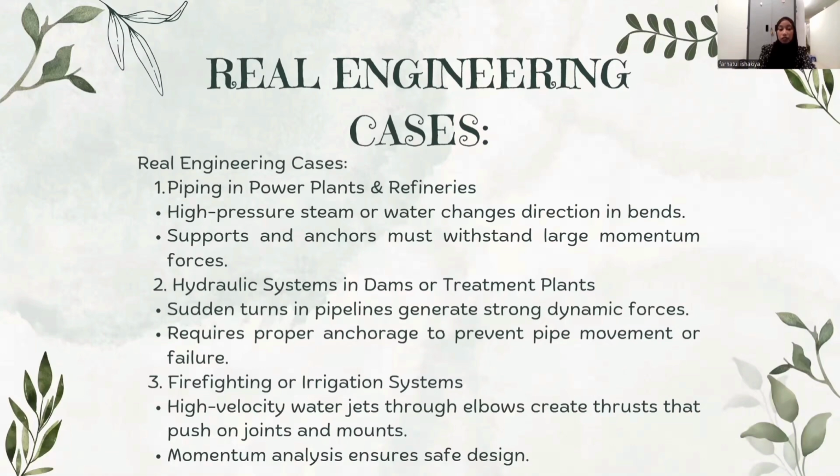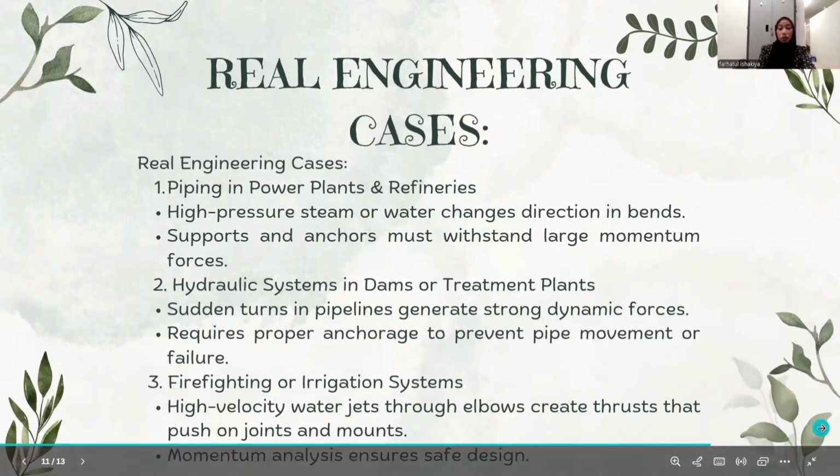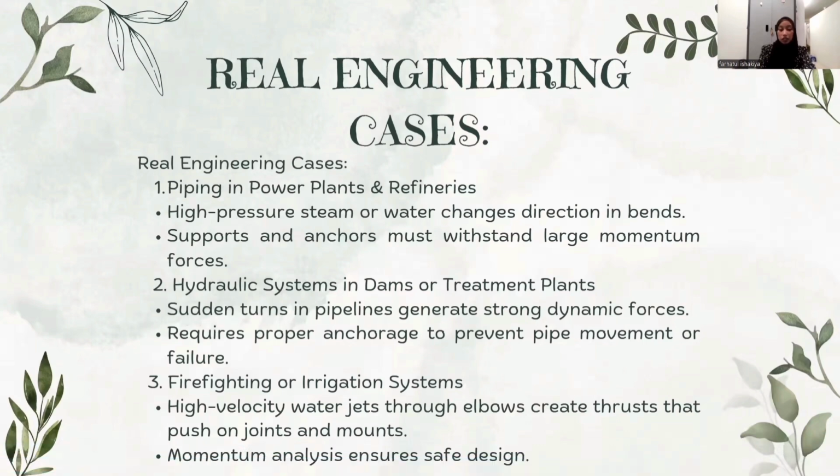Second, hydraulic systems in dams and treatment plants. Third, firefighting or irrigation systems. First, supports and anchors must withstand large momentum forces. The second requires proper anchorage to prevent pipe movement or failure. The third, momentum analysis ensures safe design.